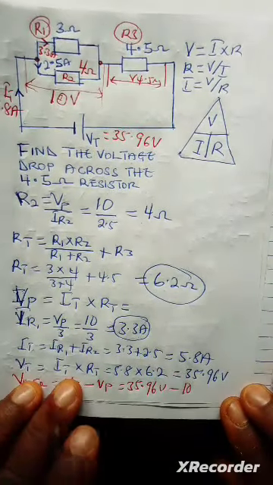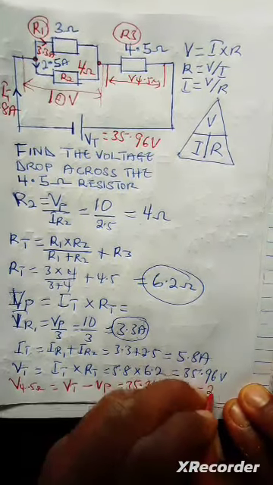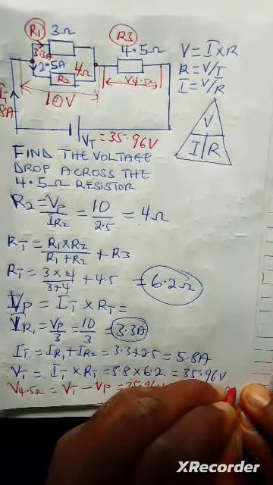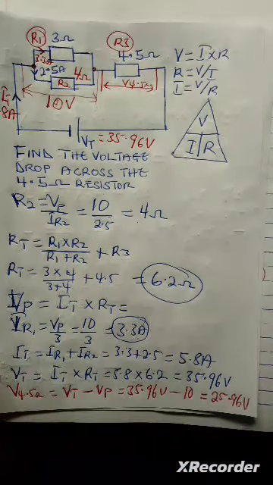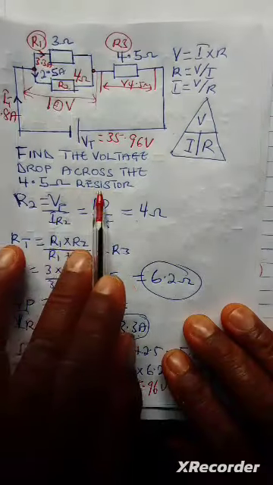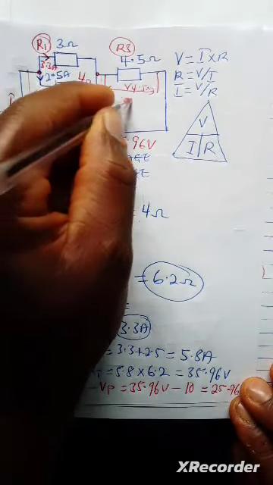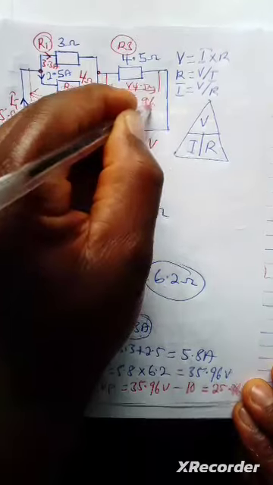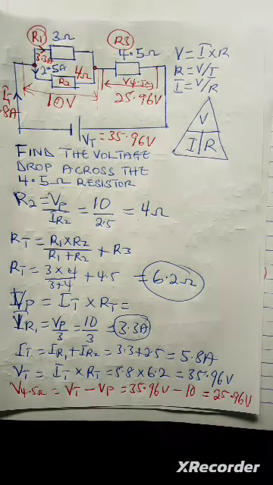And then the final answer is going to be 25.96 volts. So therefore our final answer, which says find the voltage drop across the 4.5 ohm resistor, is 25.96 volts.